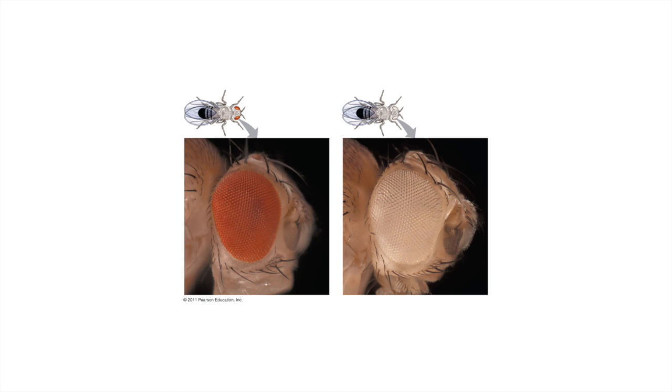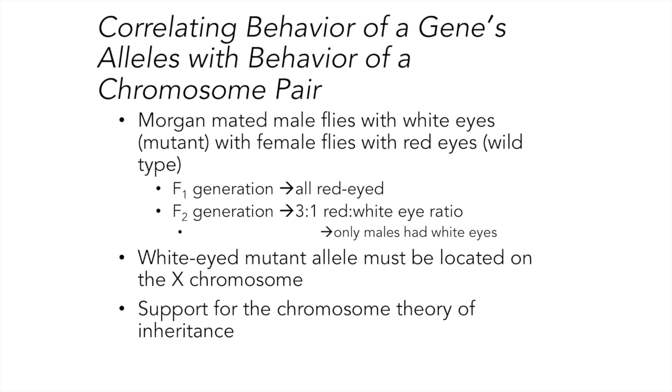So he tried to test Mendel's law of independent assortment. So what did he do? He mated male flies with white eyes with female flies that had red eyes. And in the naturally occurring flies, he called those the wild type.